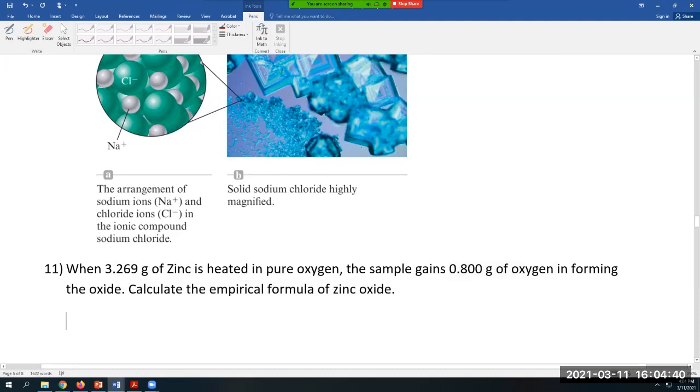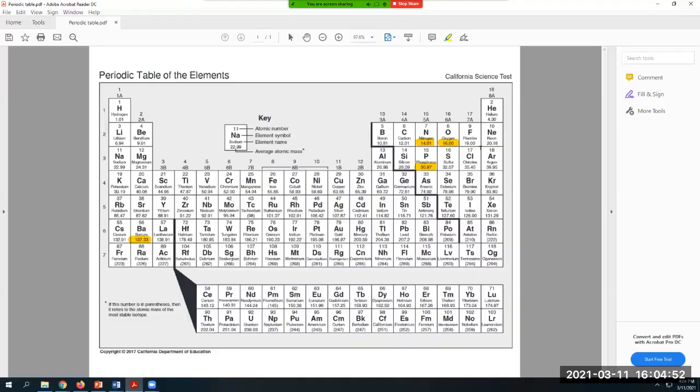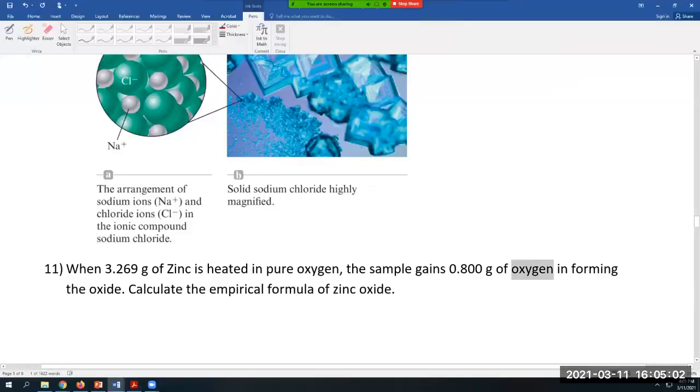So when you have the masses like that, the proportion in mass would not give you the correct formula, because an atom of zinc is much heavier than an atom of oxygen, right? If we look at the periodic table, zinc here is 65.39 and oxygen is only 16. So you cannot use the mass to find the proportions in a number of atoms.